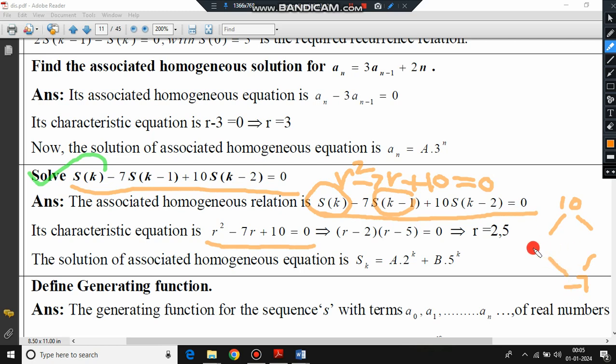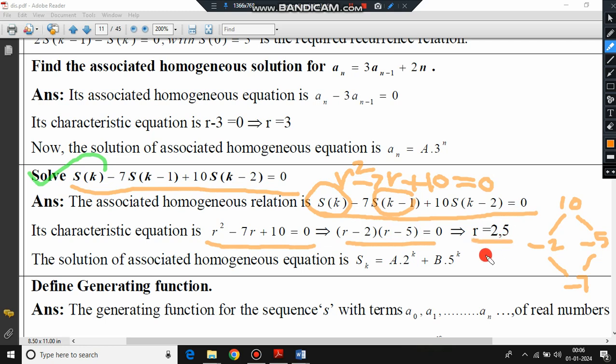The choices are minus 2 and minus 5. So these are the factors, and we can write this in factorized form as (r minus 2) into (r minus 5) equals 0.